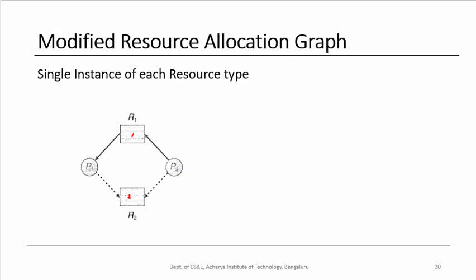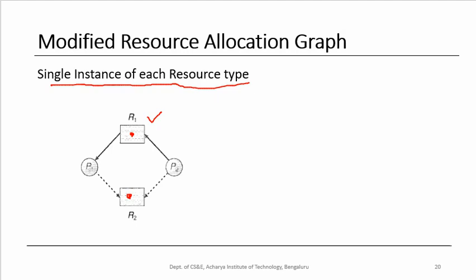Let's assume that there is only a single instance of each resource type. We put a dot inside the rectangular box. This rectangular box represents the resource type. If you put one single dot, it means that there is a single instance of that resource type. This is our assumption.